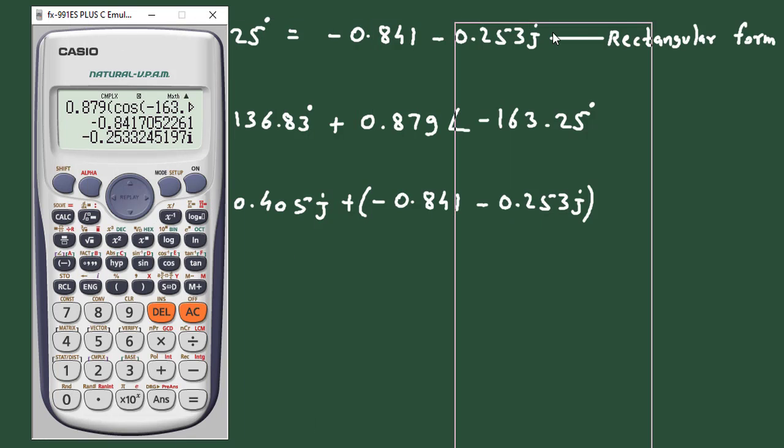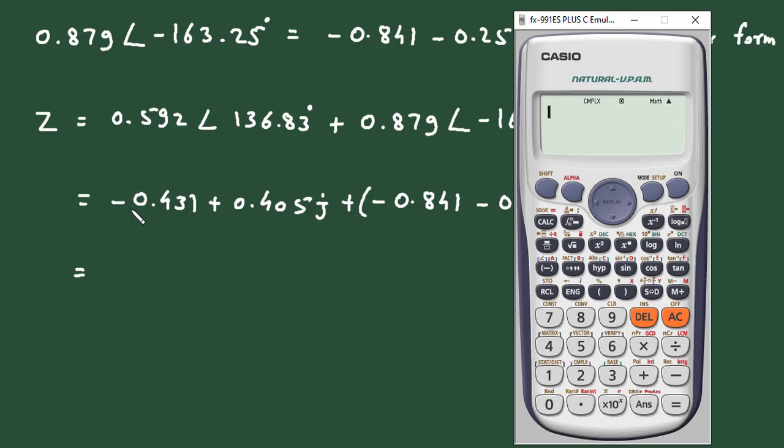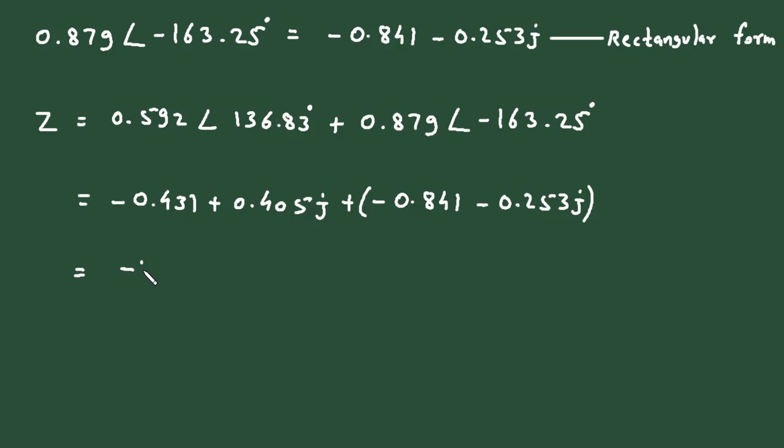The real parts are minus 0.431 minus 0.841, so this is minus 1.272.